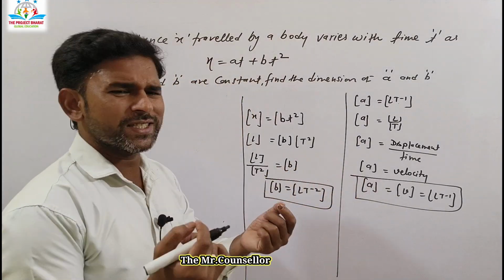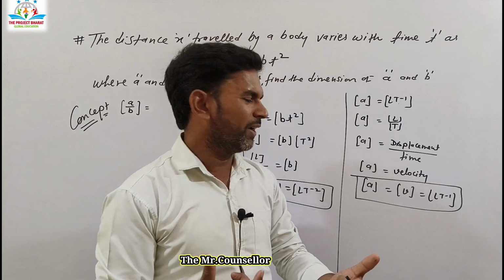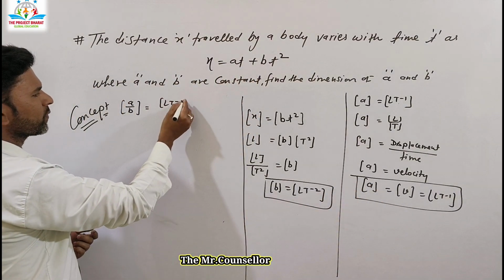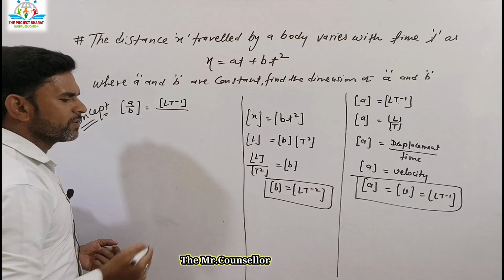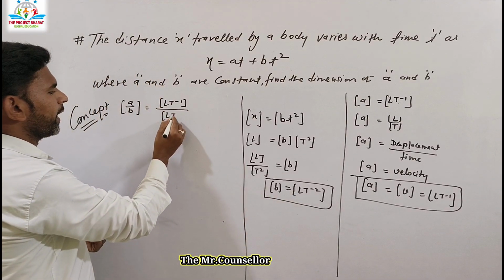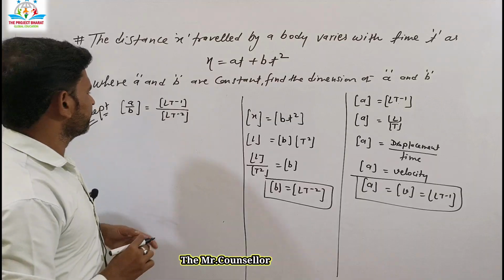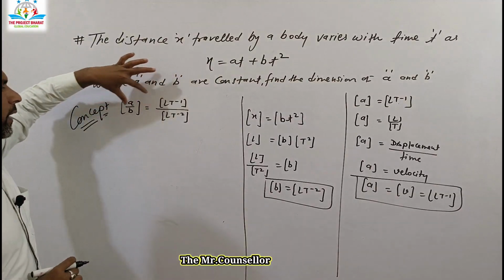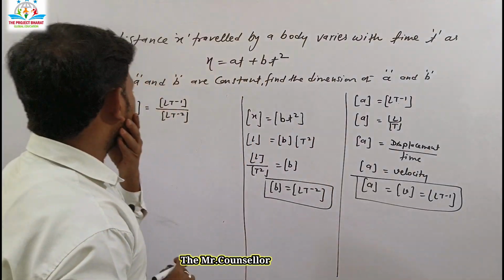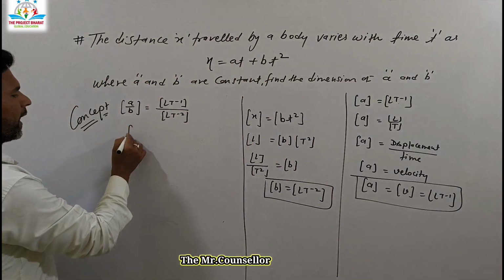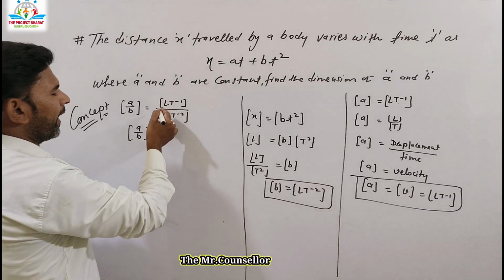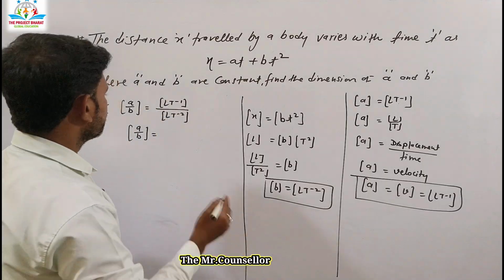Very simple here. Now you can put LT minus 1 for A and downside B, which is LT minus 2. Is it okay? After this, when I solve, L will be cancelled.